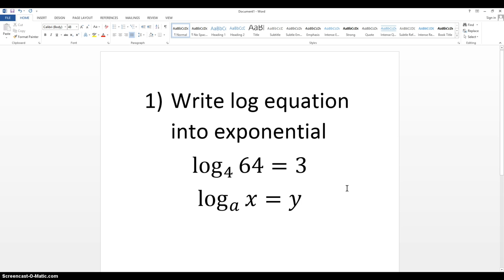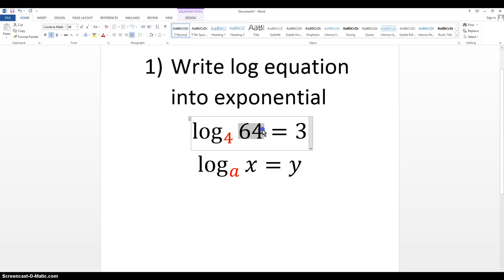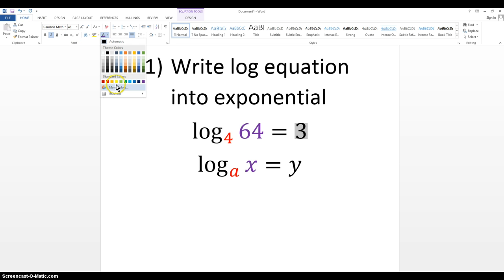Okay, so now that we've written our log equation and we've realized that it's in log form, let's just match up the letters. So I'm going to say that this 4 matches up with the letter A. That's exactly what I'm going to color it. Then I'm going to say that the 64 matches up with the X right there. And then I'm going to say that the 3 matches up with what?